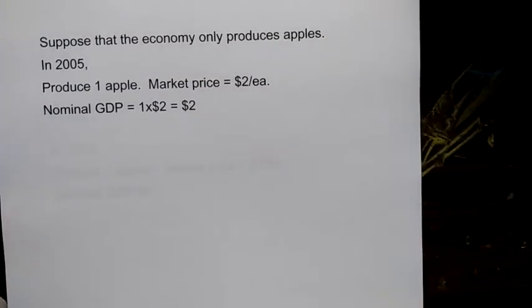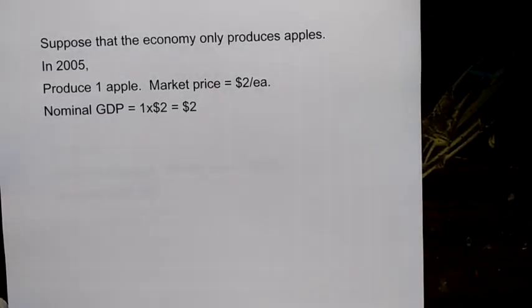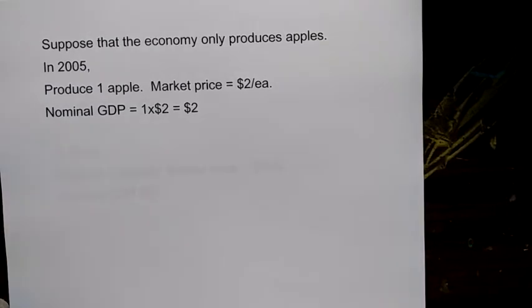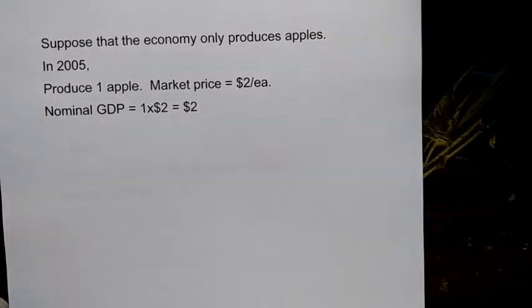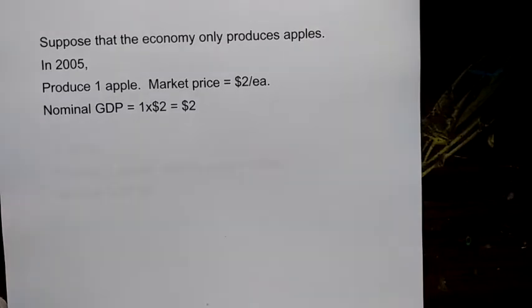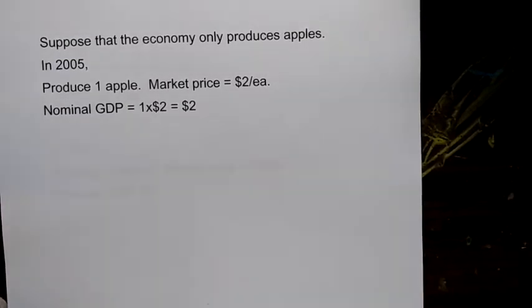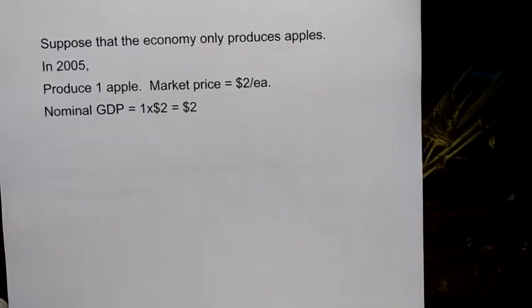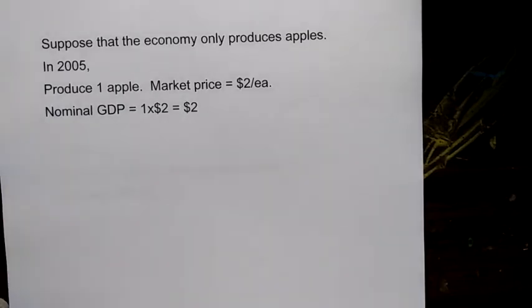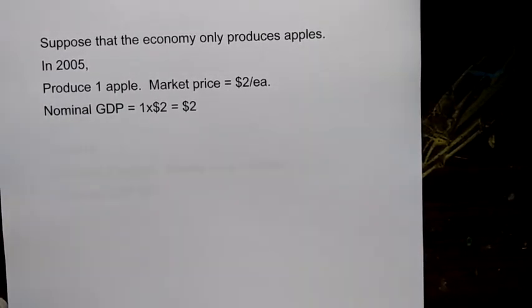Say for example, let's make the macroeconomics easier by assuming that in the economy there is only one market. So we turn a macroeconomics question into a microeconomic question. So suppose that the economy only produces apples. In 2005, this economy produces one apple, and the market price of the apple is $2 each.